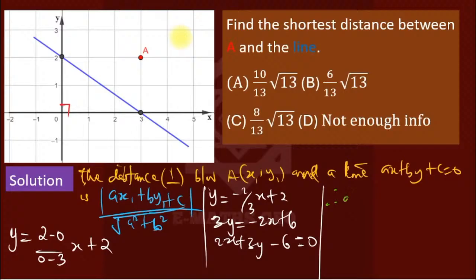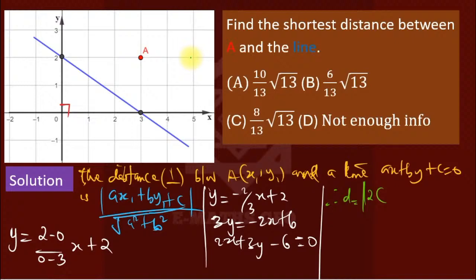Therefore, the distance is now, a is 2, b is 3, so I'm substituting now. I have the absolute value of 2 times x1. From here, the point x1 is 3, y1 is 2.